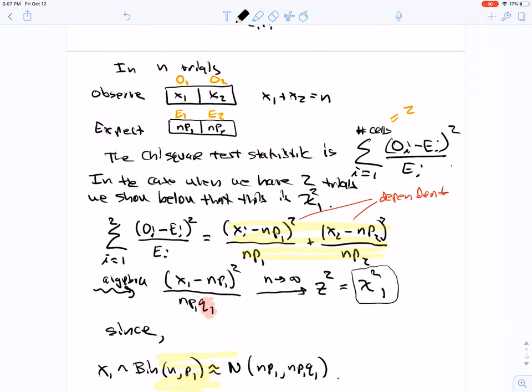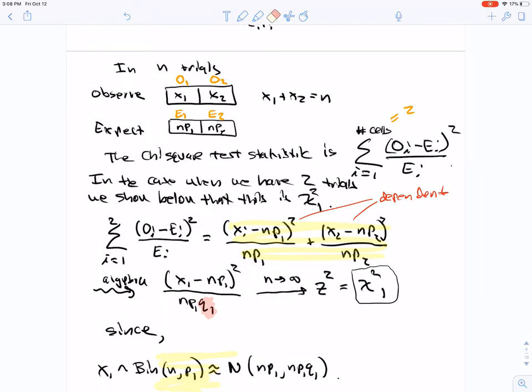So in the case where we have two cells, as I said, we're summing two things here, and I've written out what these two things are. If you do some algebra, you'll see that we get (x1 minus np1) squared over np1q1.